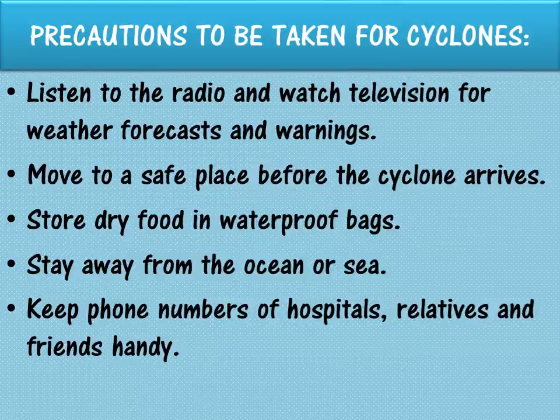So, the weather forecast department in our country will give warnings of a cyclone going to hit. Some of the precautions are, children: listen to the radio and watch television for weather forecasts and warnings. Once you receive the warnings, try to move yourself to a safe place. Why? Because once you are safe, you can protect yourself and your children. So move to a safe place before the cyclone arrives.